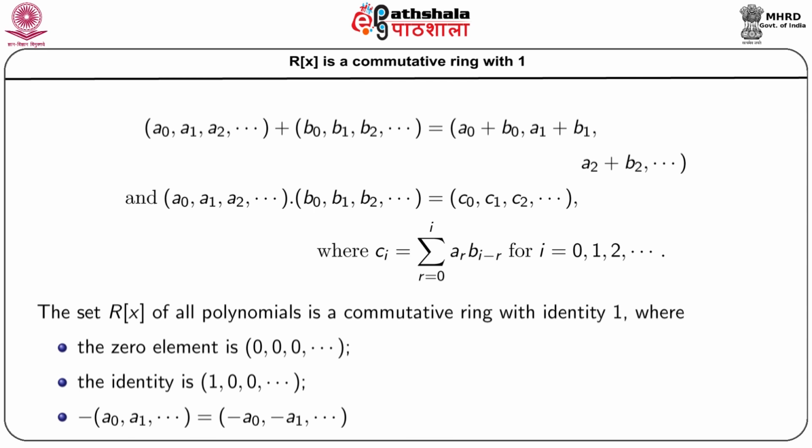And the negation of a polynomial a0, a1 and so on is the polynomial whose terms are minus a0, minus a1 and so on.